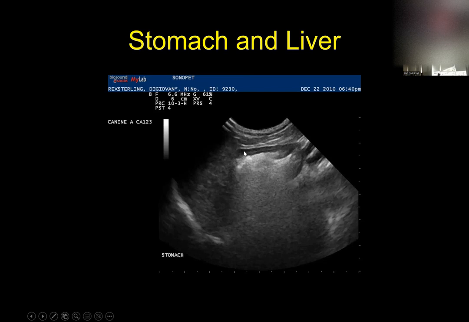But again, if you look at this part of the stomach wall, it's got layering. It's got an outside white line, a little hypoechoic area, a little middle kind of vague white line, and a little hypoechoic layer here. So if I was going to measure the stomach wall, I would put a caliper right here, and put the other side of the caliper over here, and measure that thickness, which again should probably be maybe 4 millimeters thick.